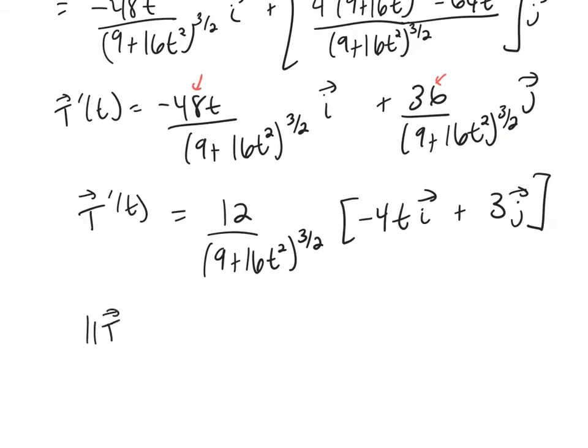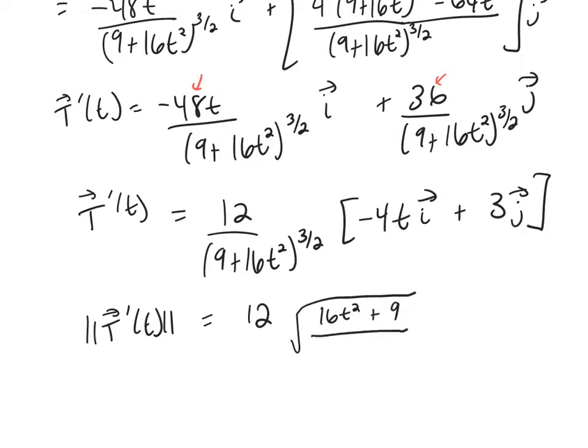So the magnitude of T prime of t will be 12 over the square root of, if I square these, you'll get 16t squared, you'll get 9, and then you square this denominator that's here. So the 1/2 power will go away, and it'll become (9 plus 16t squared) cubed.